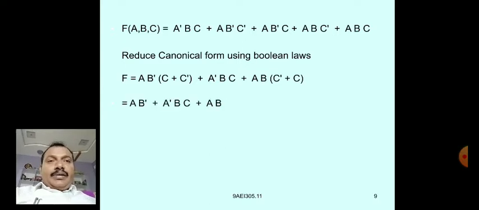So you can simplify the canonical form of Boolean expressions using Boolean laws.